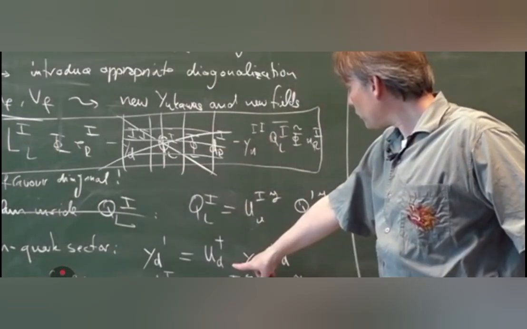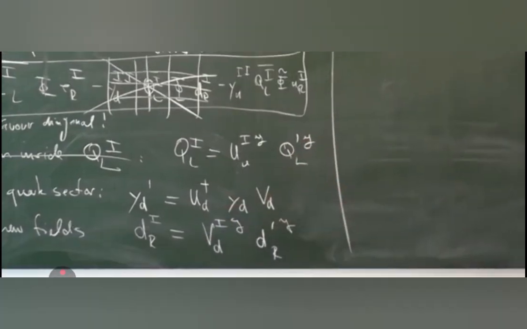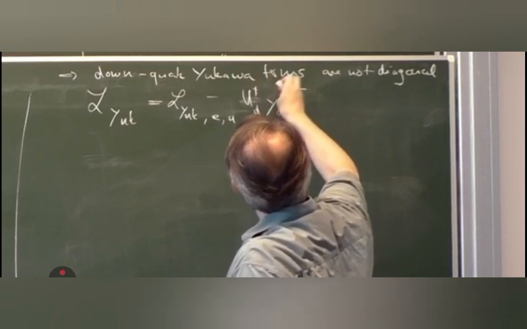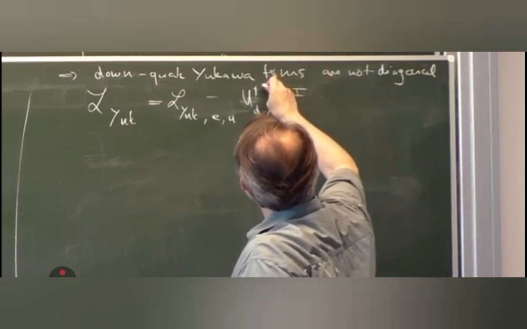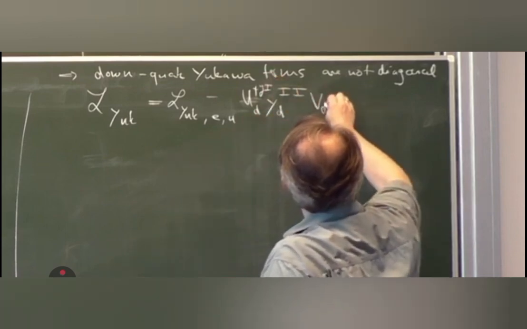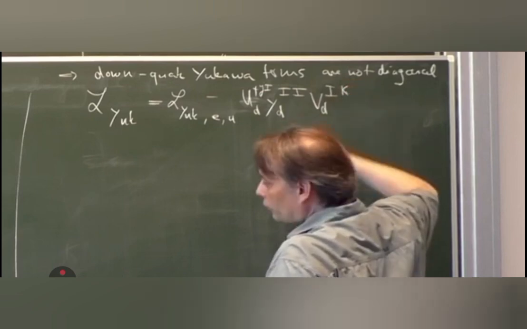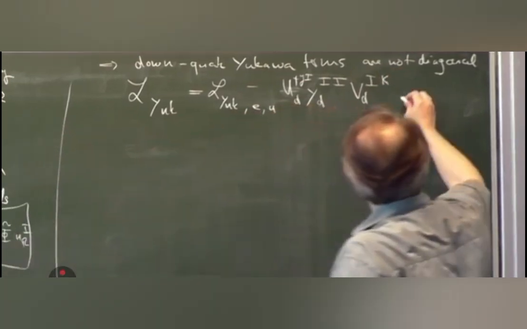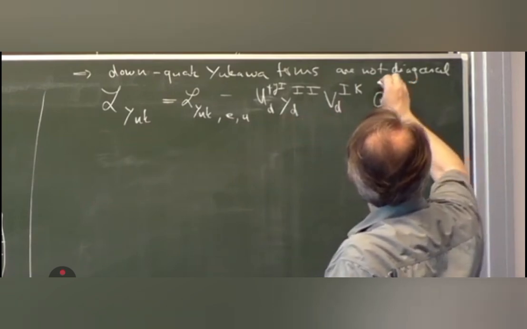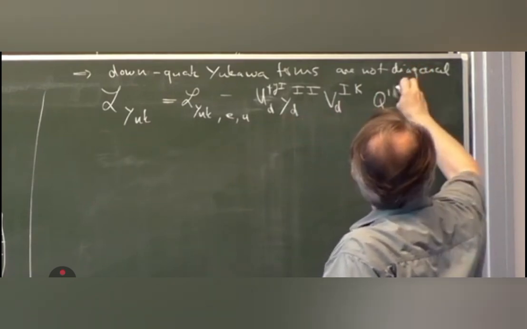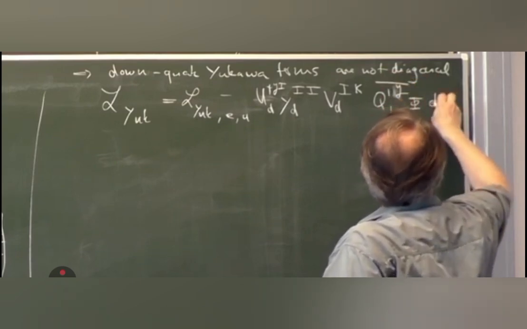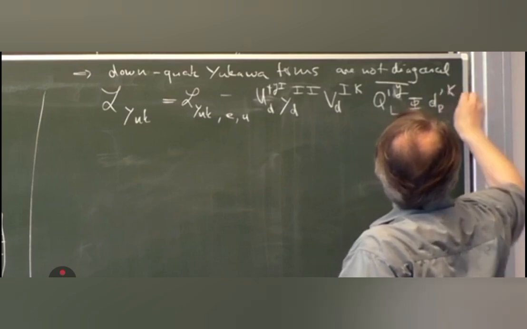If we plug in this definition, we have on the left U_d dagger ji times V_d ik, and then here the quark doublet Q_i prime k, L bar phi d_R prime k.